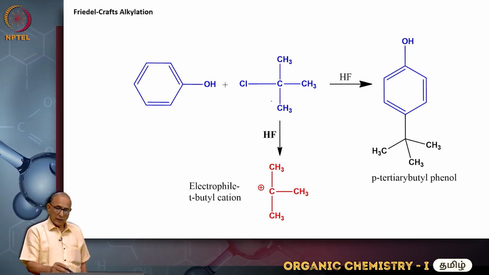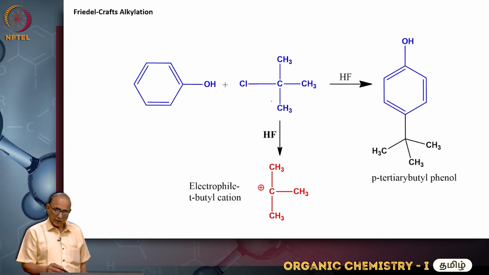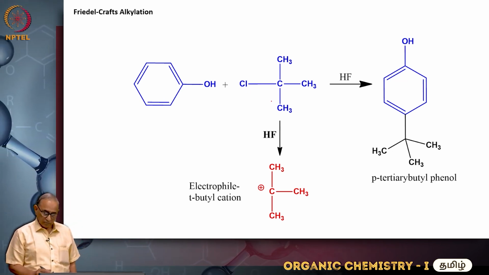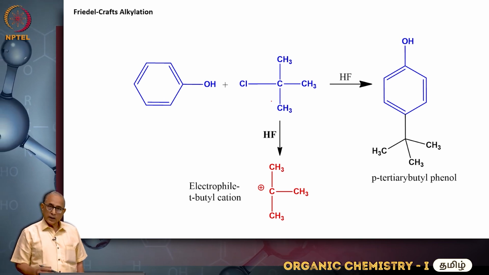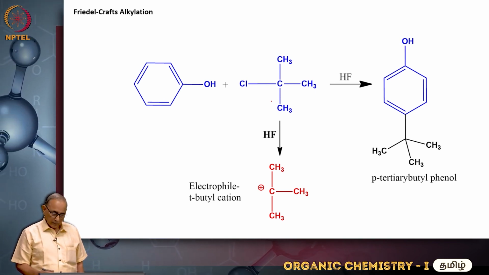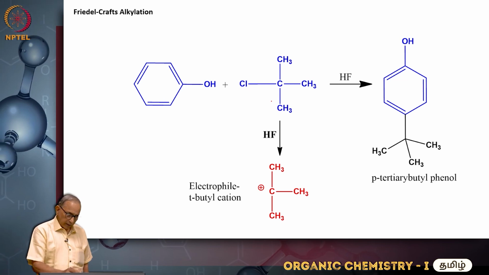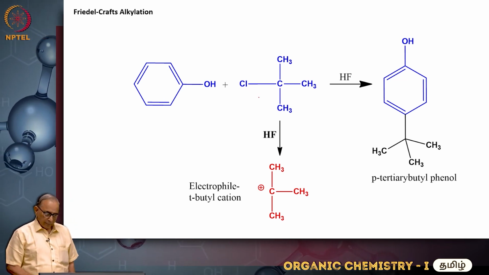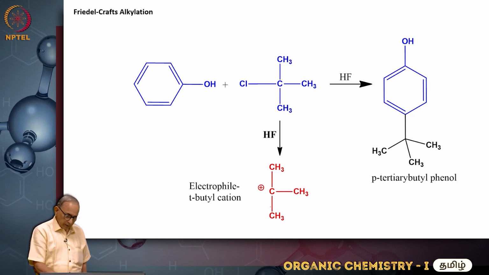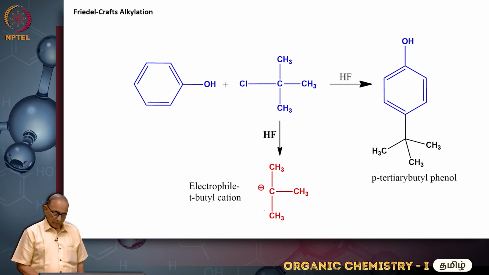The reaction is done in the presence of HF, hydrofluoric acid, a very powerful acid, the most powerful acid among the haloacids. When HF reacts with the tertiary butyl chloride, it forms the tertiary butyl cation.